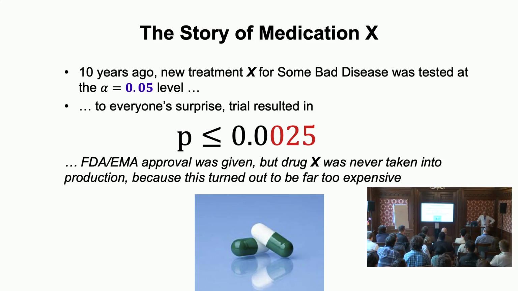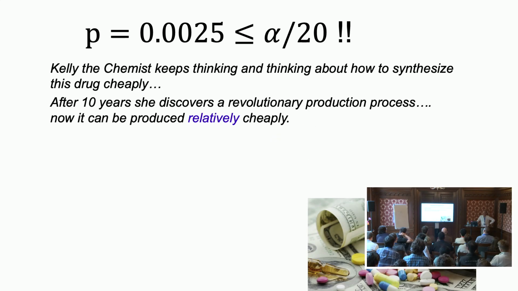So there was special approval given, but then they never produced the drug because it was far too expensive. But yeah, it really works very well. So with the small p-values, people kept thinking maybe we can make it cheaper, right? And after 10 years, Kelly discovers a new production process, and now it's suddenly much cheaper to make this medication.